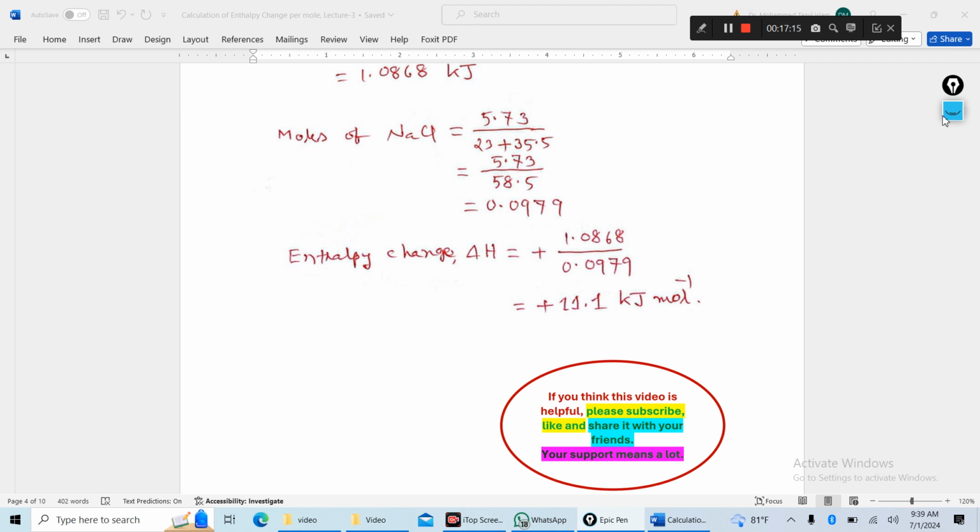So if the temperature falls, delta H will be positive because it is an endothermic reaction. If the temperature rises or increases, in that case the delta H value will be negative.